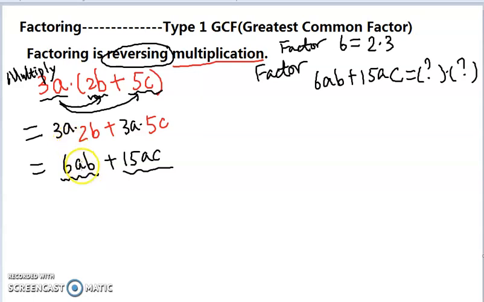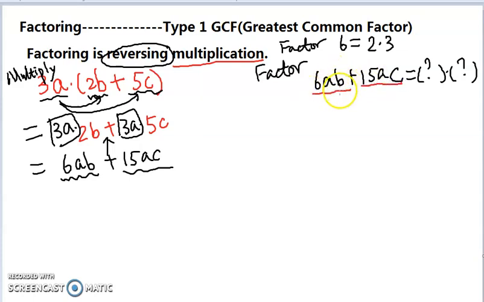Now when we reverse to that previous step, we need to be able to get 3a out from both. There's a 3a that is multiplied in to get 6ab and 15ac. So the first thing is to find that 3a and separate it from the terms we have, 6ab and 15ac.